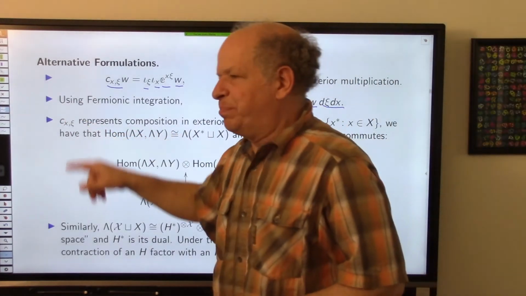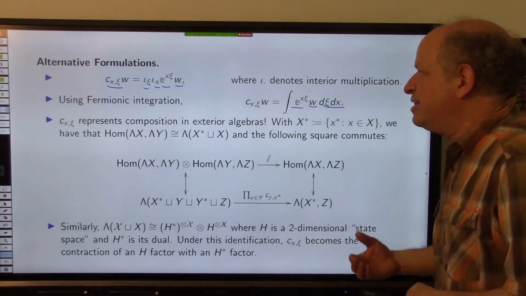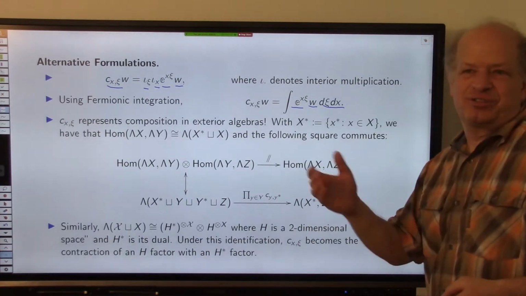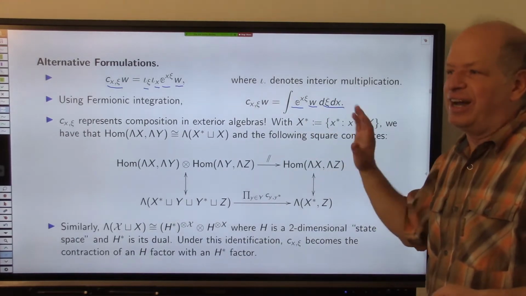The contraction operation also represents composition in exterior algebras. That's a fun one because it's related to my work with Roland on completely other things.